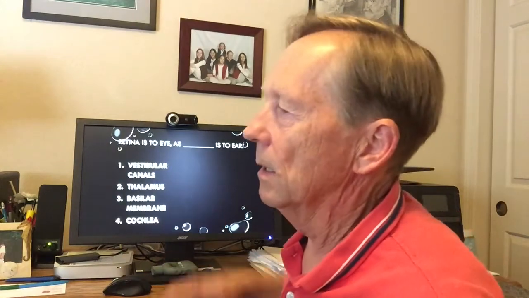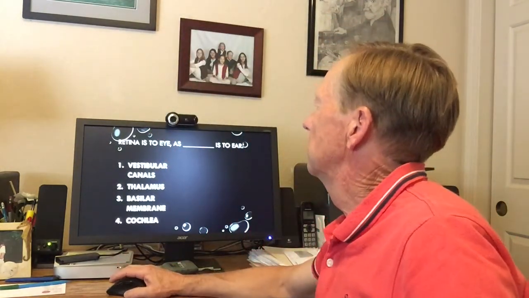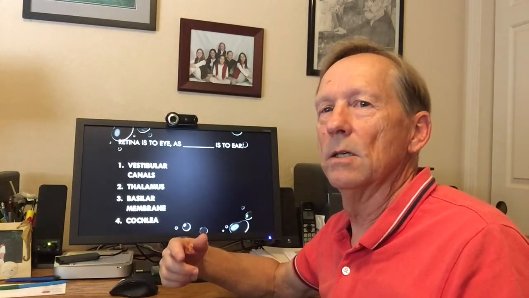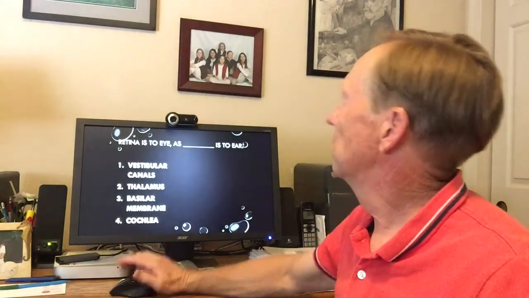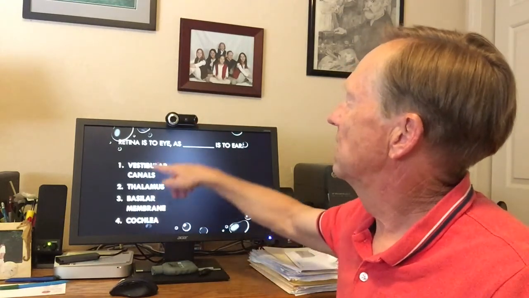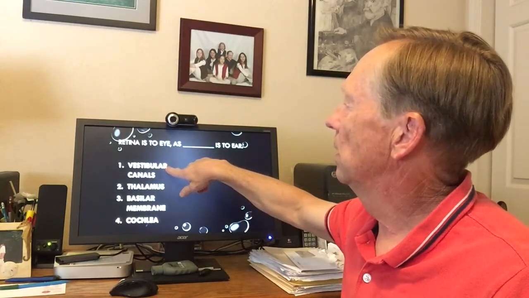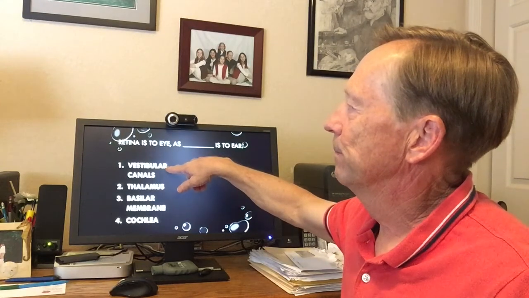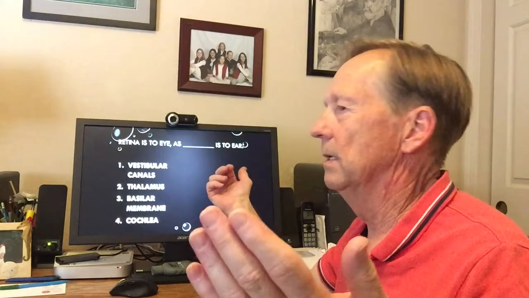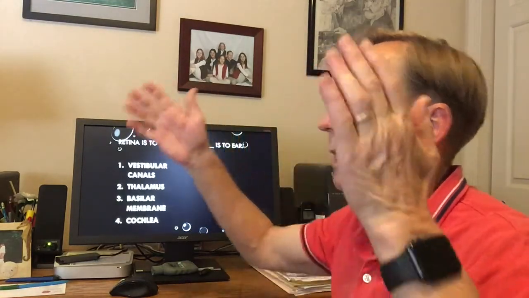Okay, so we're not going to spend a lot of time talking about the ear, but let's just, in the form of a quiz here, if the retina in the eye is where transduction occurs, then where does transduction occur in the ear? Well, the answer to this is going to be number 4, the cochlea. Vestibular canals is where we handle balance and equilibrium and body orientation.